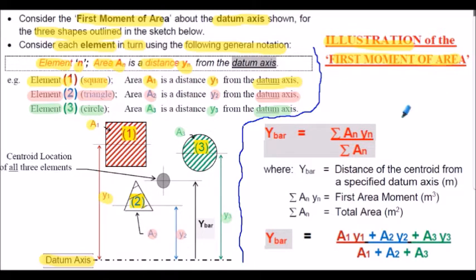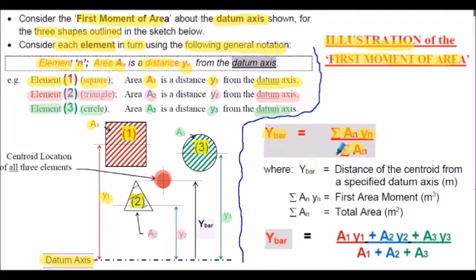To evaluate the Y-bar, that's a centroid location in the vertical sense, being shown here diagrammatically, we use this formula. We basically add up, summate, that's what that Greek symbol sigma means there. We add up all the ANs multiplied by the YNs, and we simply divide that by the summation of all the ANs, or the areas.